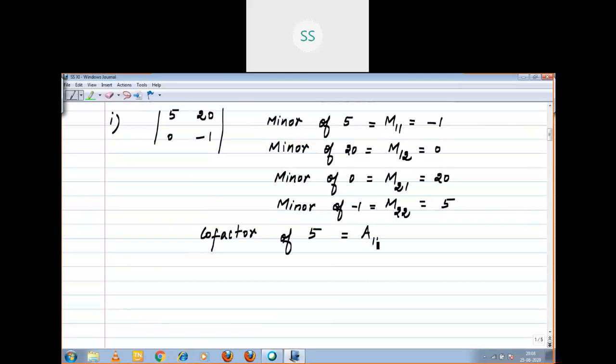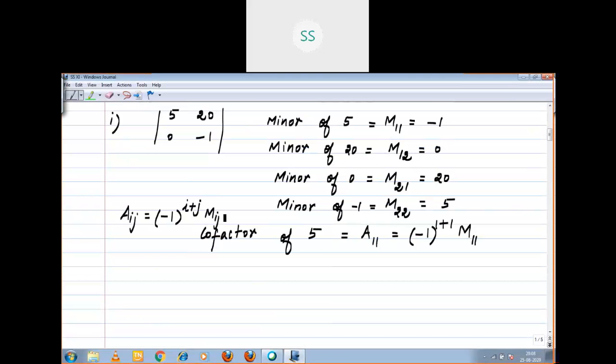I told you it is a signed minor: minus 1 the whole power i plus j. Here i is 1, j is 1, so 1 plus 1 into M11. The general formula of cofactor: Aij equals minus 1 the whole power i plus j into Mij.